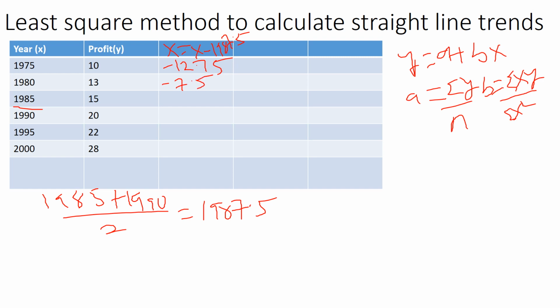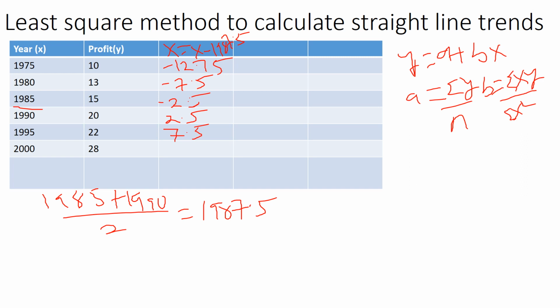And then 1985 minus 1987.5, this one is negative 2.5. Then 1990 minus 1987.5, we get positive 2.5, and then 1995 minus 1987.5, we get positive 7.5 also.